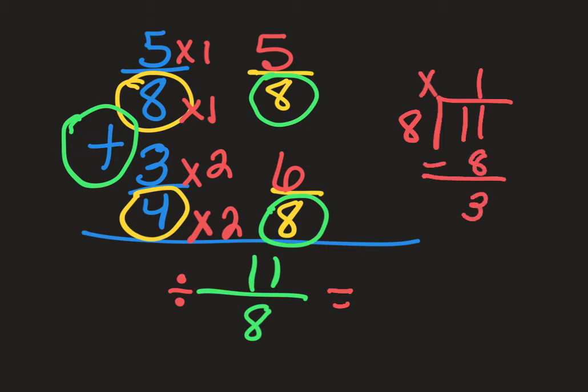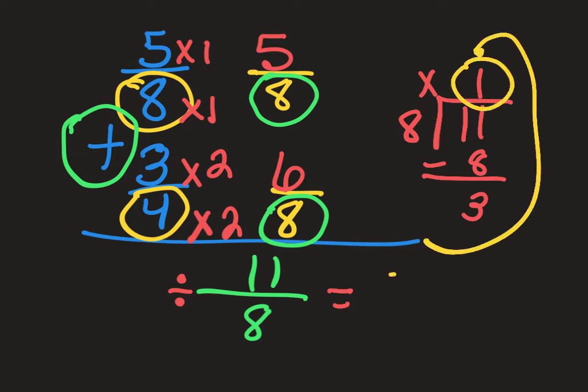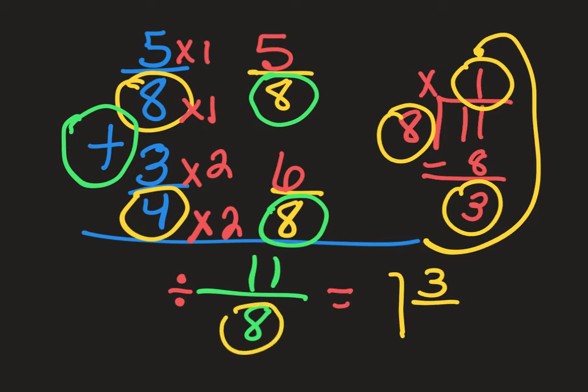I subtract and get a remainder of 3. Then I do my backward C. How many whole times did it work? 1. How many are left over? 3. And you always put it back over the denominator you started with, which was an 8. So my final answer is 1 3/8.